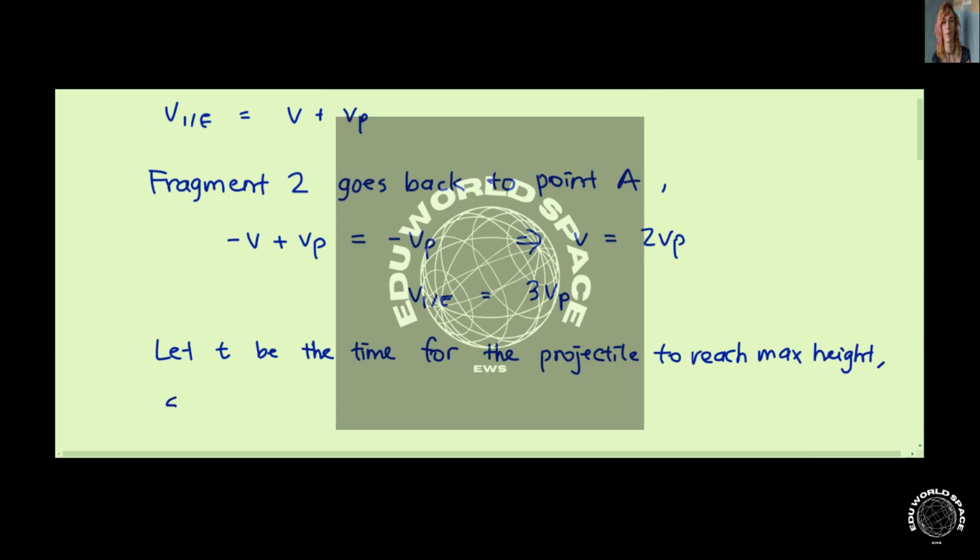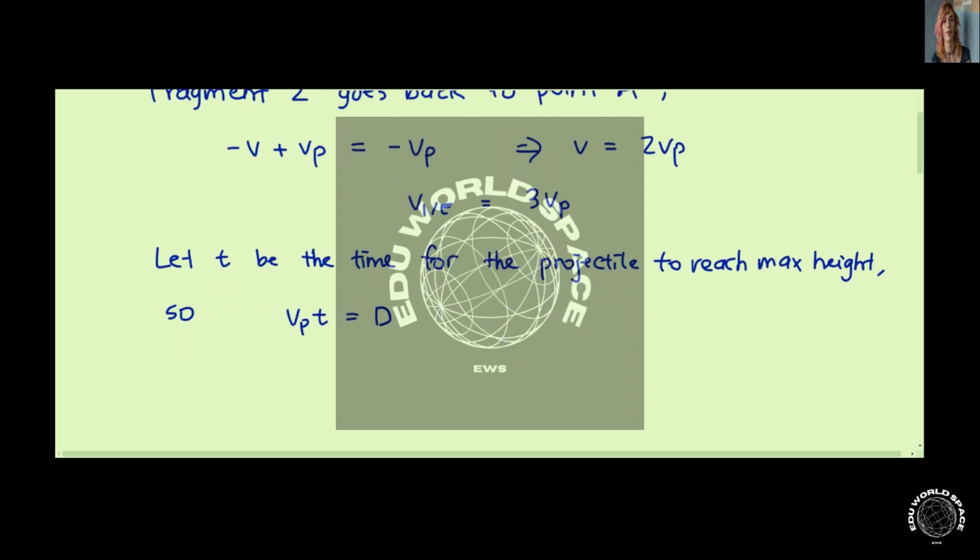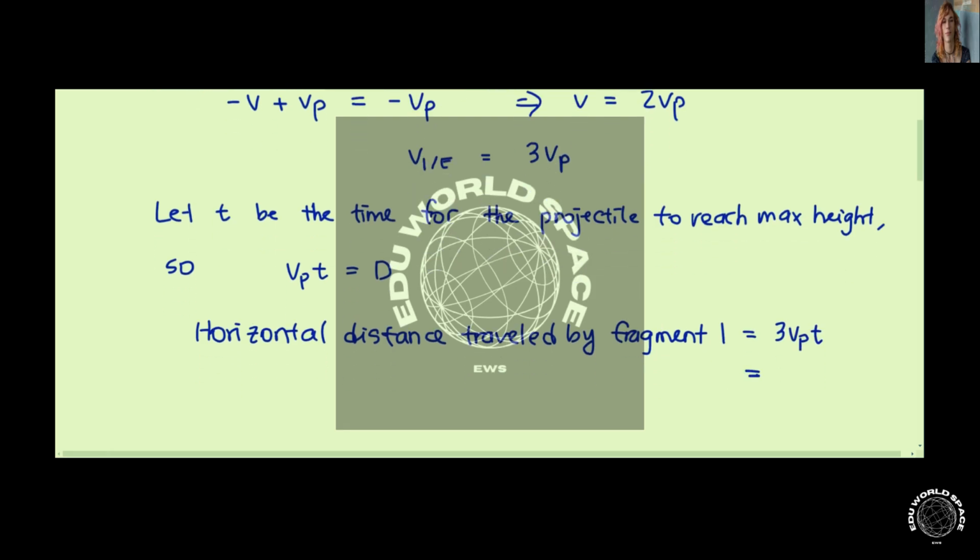So vp t equals d. And the horizontal distance traveled by fragment 1 is equal to 3 vp t. This is 3d.